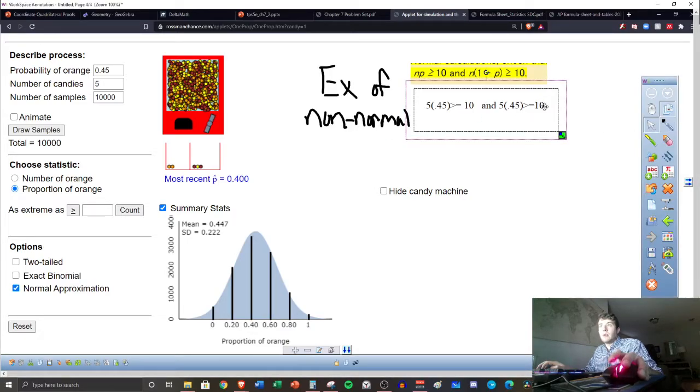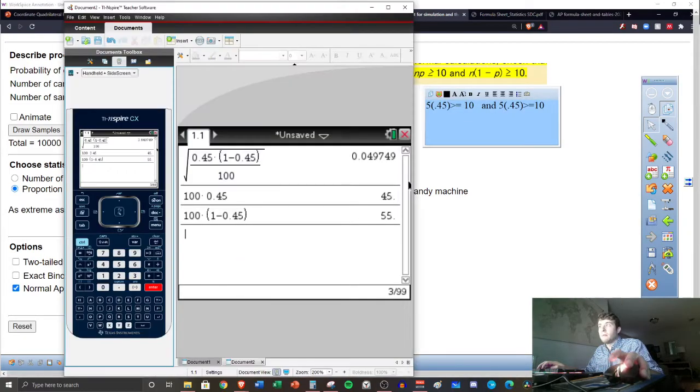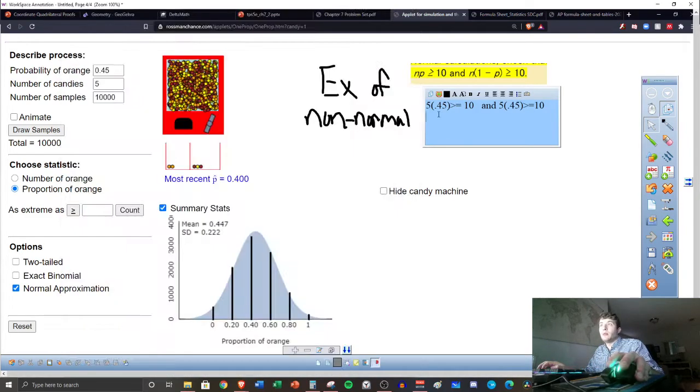Because when we do these calculations, we start with this first one, we have 5 times 0.45, and we get 2.25, which is not greater than or equal to 10.